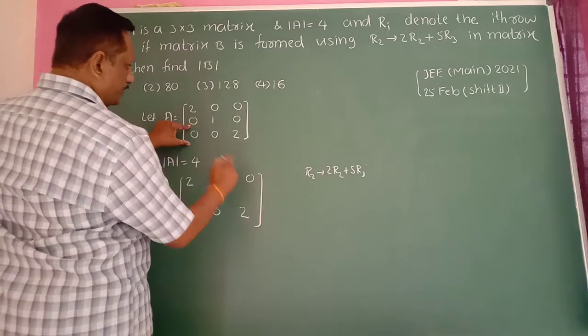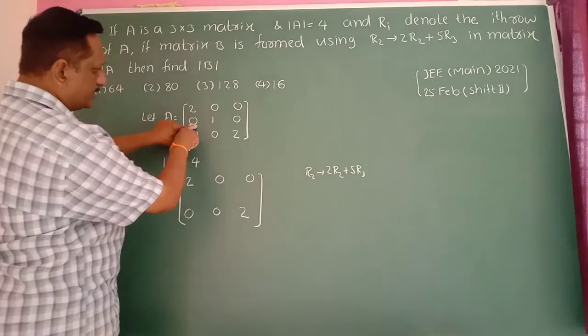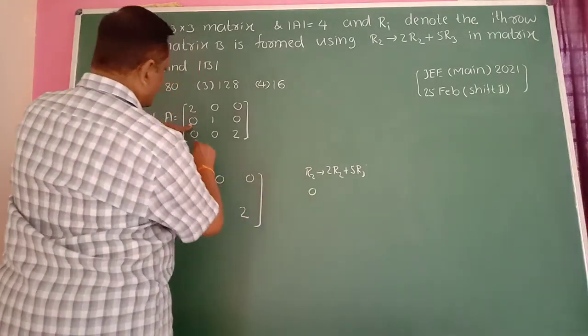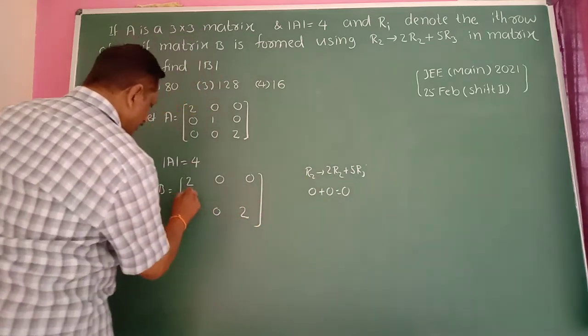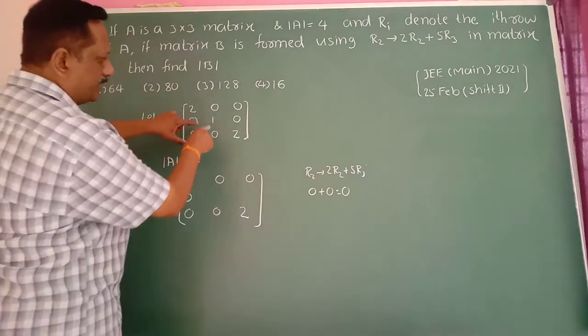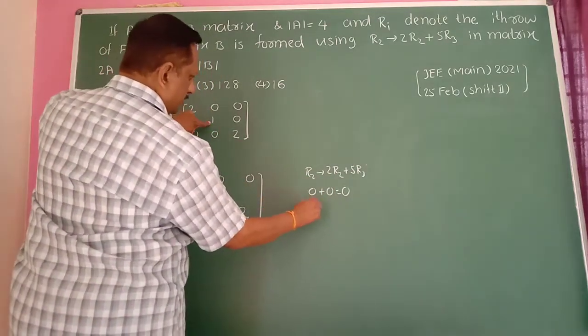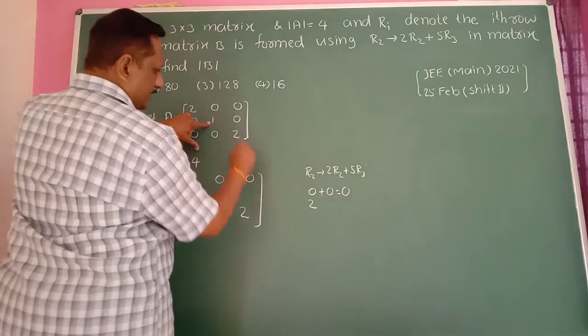Multiply 2 here, it becomes 0, plus 0 becomes 0, it is 0 only.